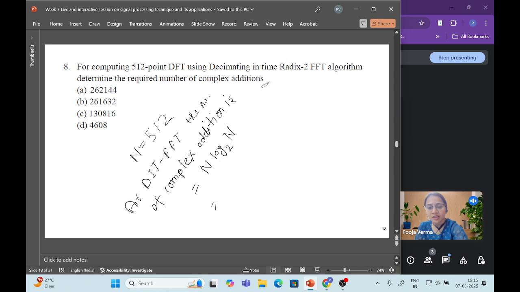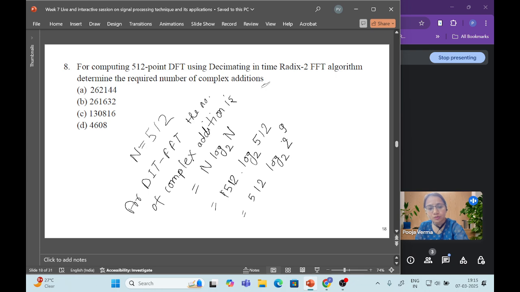So N is given, that is 512. So 512 times log base 2 of 512. 2 to the power how many times? 9 times.